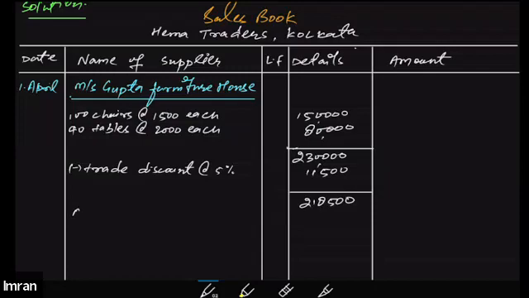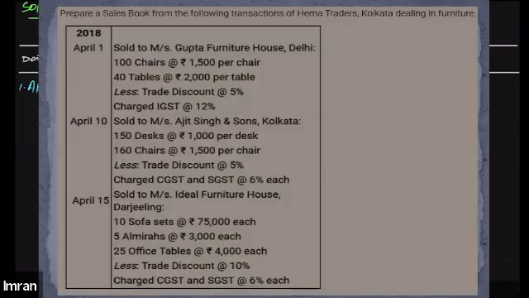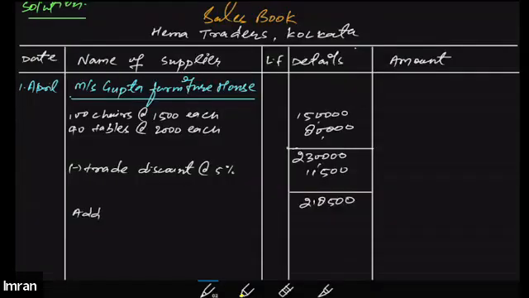And on this amount, we will charge IGST at the rate 12%. And this time we'll write down output IGST at the rate 12%. 12% on 2,18,500 will be 26,220.